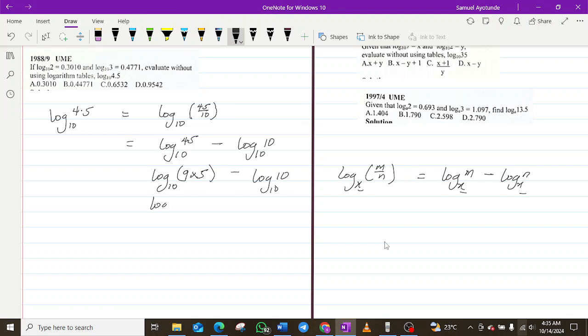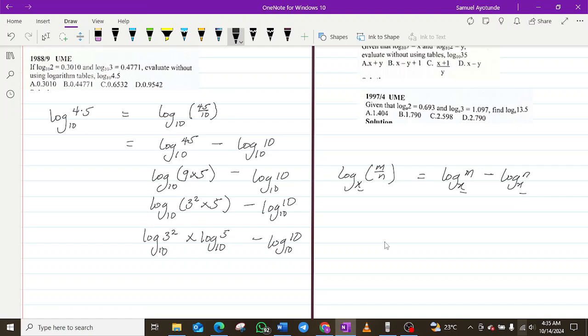Then I can further break it down to 3 raised to power 2 times 5, minus log 10 base 10. From here I can apply the first law, where multiplication turns to addition. So I have log base 10 3 raised to power 2 times log 5 base 10 minus log 10 base 10.